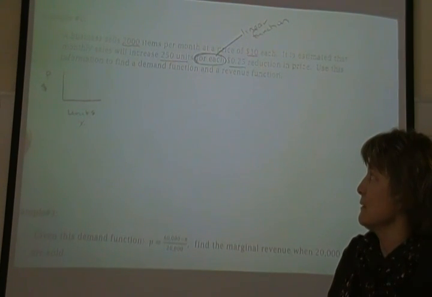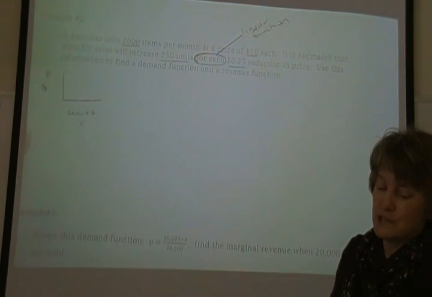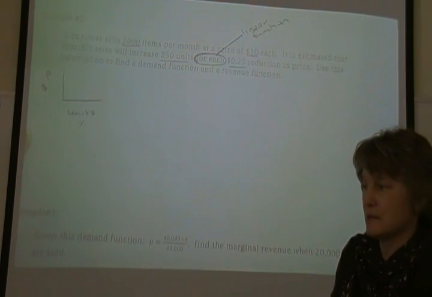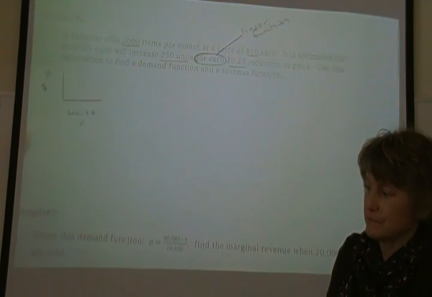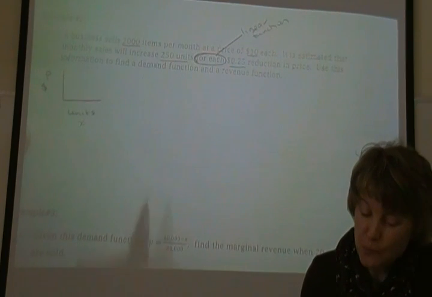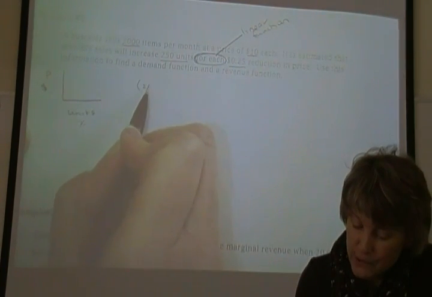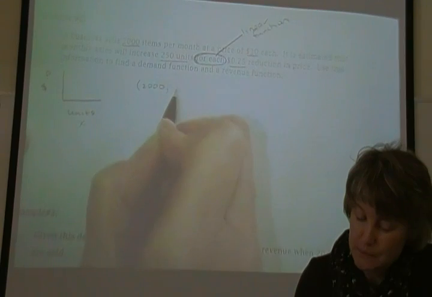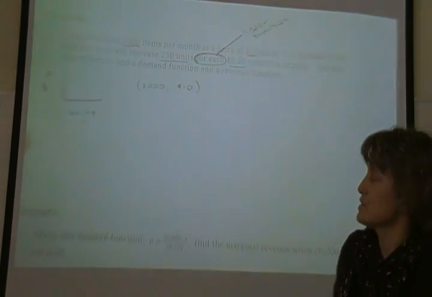So we want to think about y, if we're going to write the equation of a line, we're going to call it p instead of y. It's the price. So our points are 2,000, which is x, matching with $10, which is my y value.